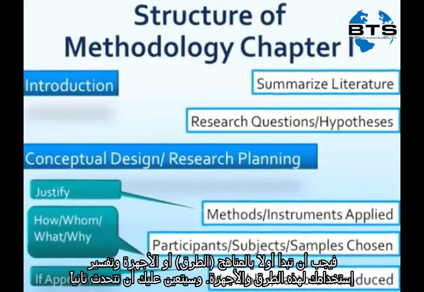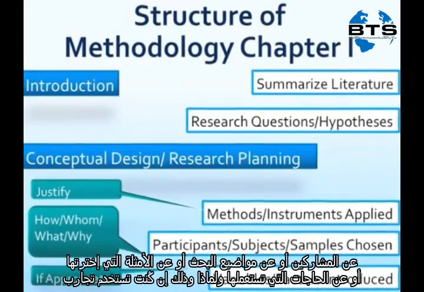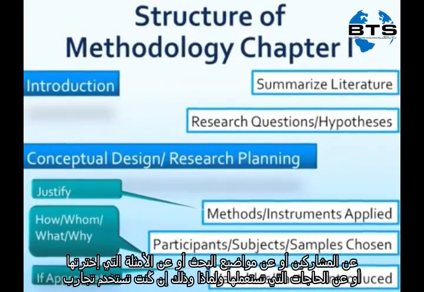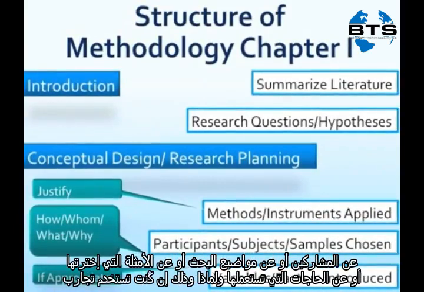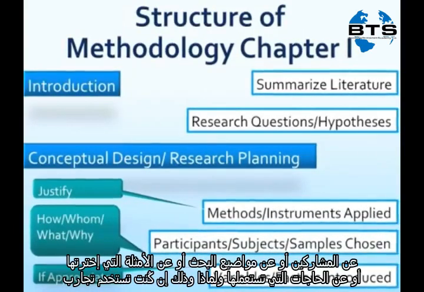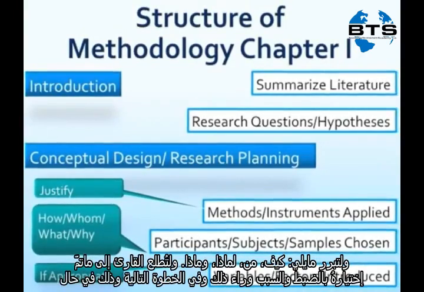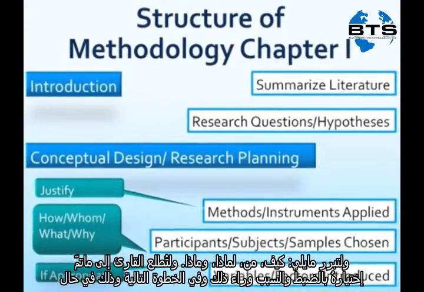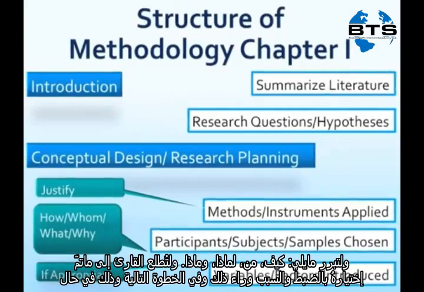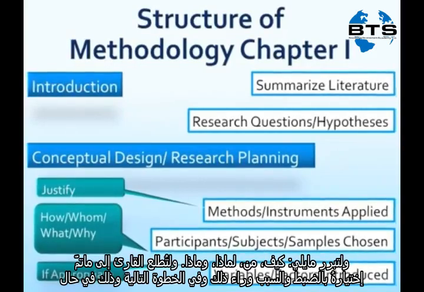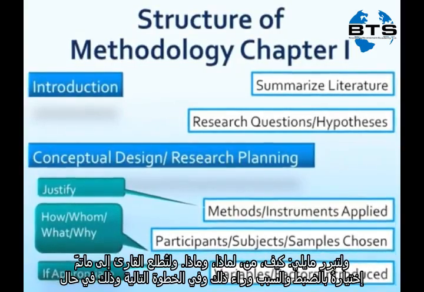Secondly, you need to talk about your participants or your research subjects or the samples you have chosen, or for instance, if you do experiments, the objects you are using and why you are using them. Justify again how, whom, what, why. Exactly. Tell the reader what you've chosen, why you have chosen it, reason it.